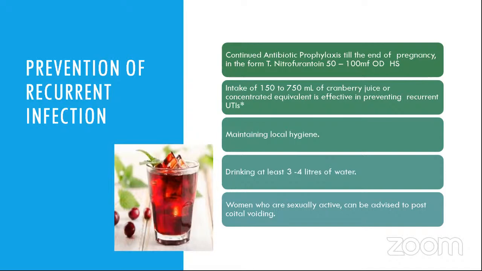Maintaining local hygiene and cleanliness is very important because the perineal flora are the cause of ascending organisms. Drinking at least 3 to 4 liters of water per day; this urine flow, flushing of the urothelium, has a good preventive effect. Women who are sexually active can be advised postcoital hygiene. So these are the measures for prevention.